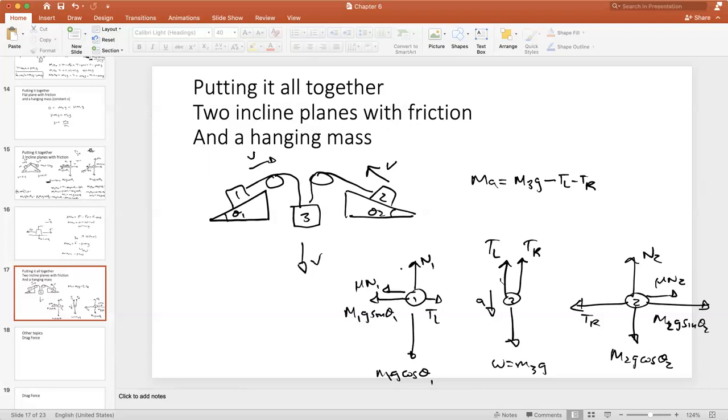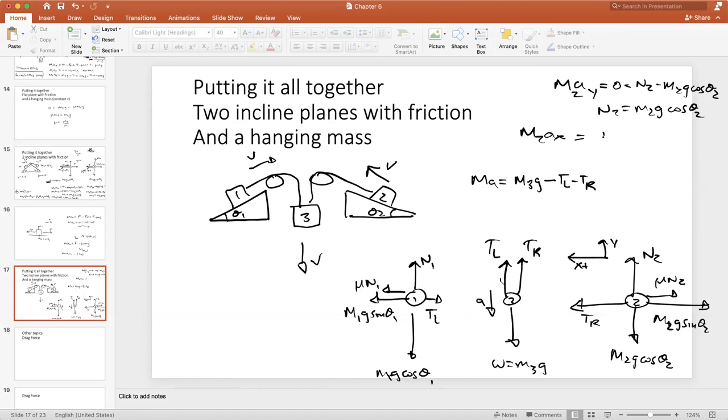This one, and this one for that matter, they'd kind of be the same with a little bit of difference. M2AY would be 0, and that would be N2 minus M2G cos theta 2. So you know that N2 is M2G cos theta 2. And then M2AX would be that way. We're going to assume that this is X positive that way. Why? Because it's moving up the incline.